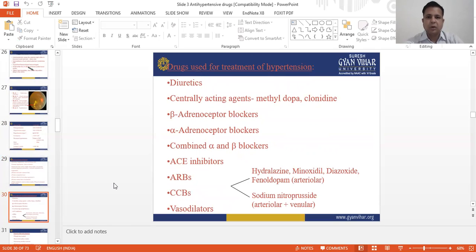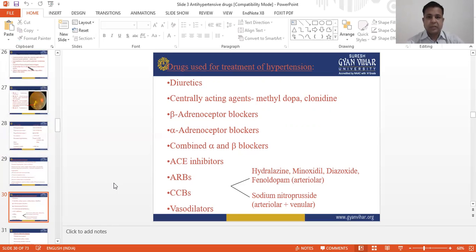Drugs used for treatment of hypertension: diuretics, centrally acting agents such as methyldopa and clonidine, beta adrenergic blockers, alpha adrenergic blockers, combined alpha and beta blockers, ACE inhibitors, angiotensin receptor blockers, and vasodilators such as hydralazine, minoxidil, diazoxide, phenoxybenzamine. In another classification, sodium nitroprusside.